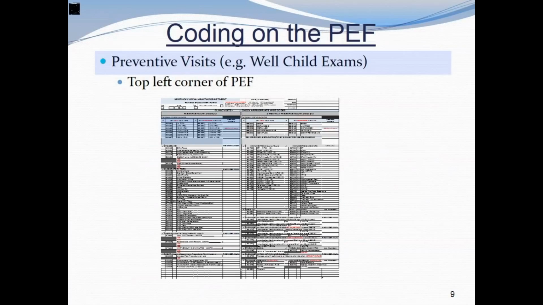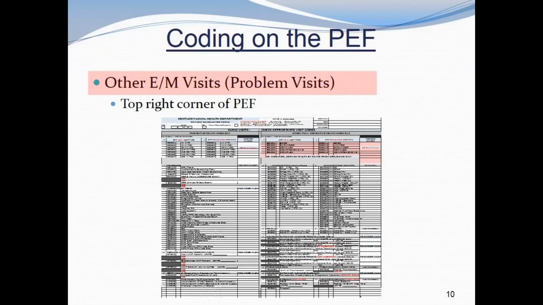Let's go over exactly where that is on the PEF. On the top left-hand corner of the PEF is where your preventive visits are, your well child exams. That's where you're going to code those, and we'll go into exactly how to code those in a little bit. Your problem visits are on the top right-hand corner of the PEF.